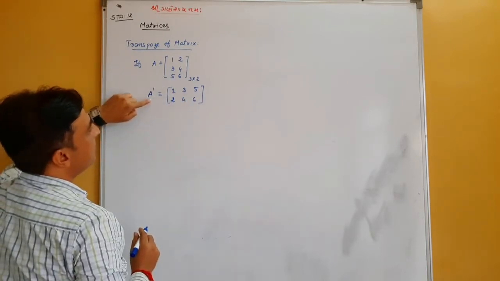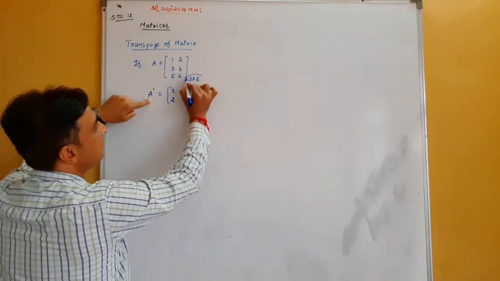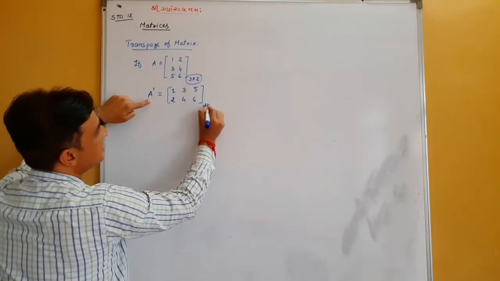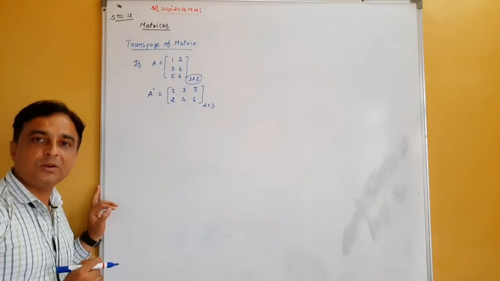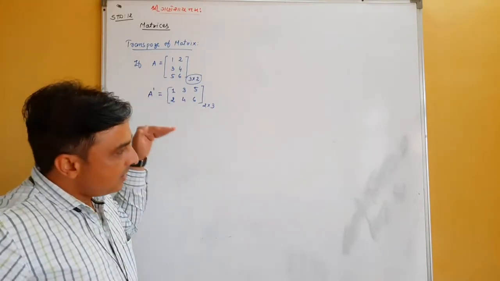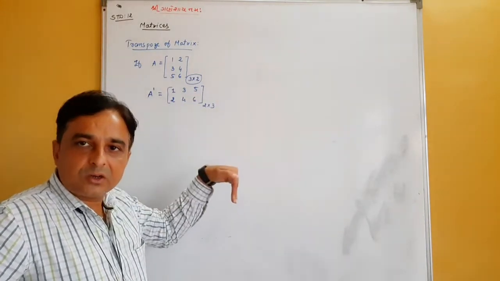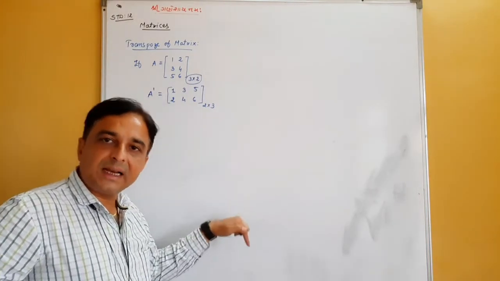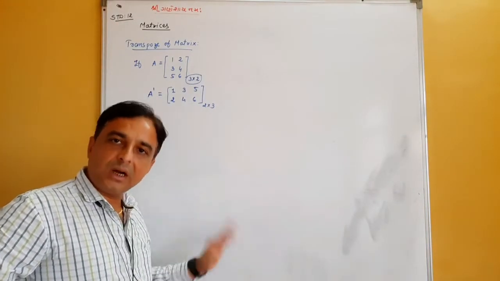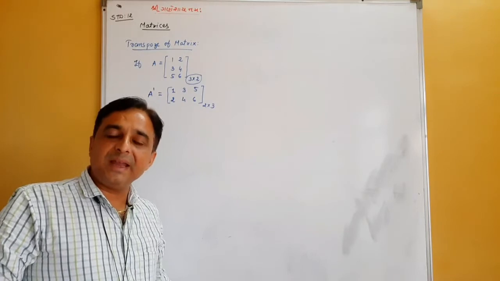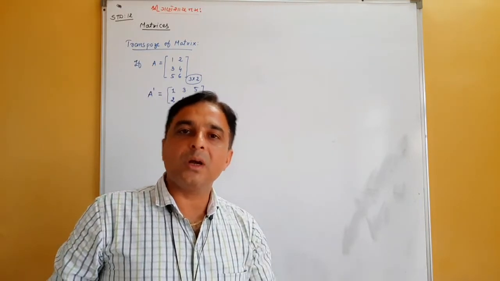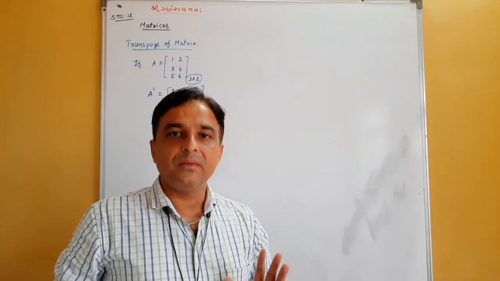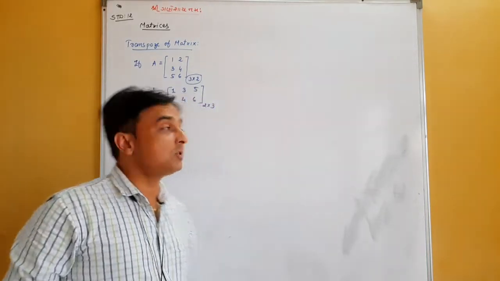The order of the transpose will be the reverse of this, that means 2 cross 3. This is called the transpose of a matrix.